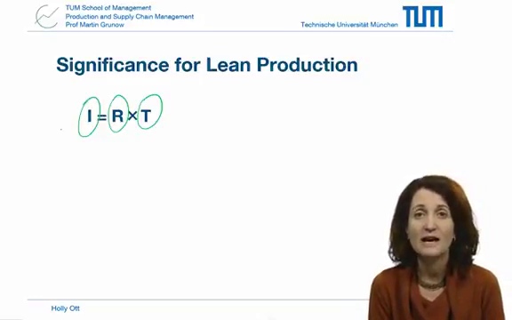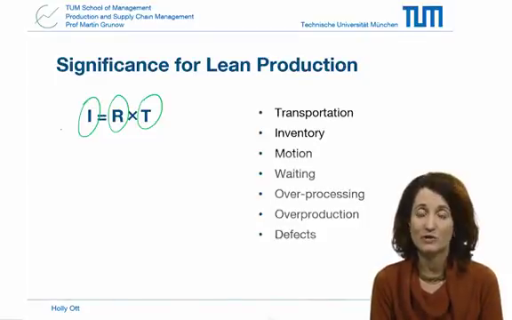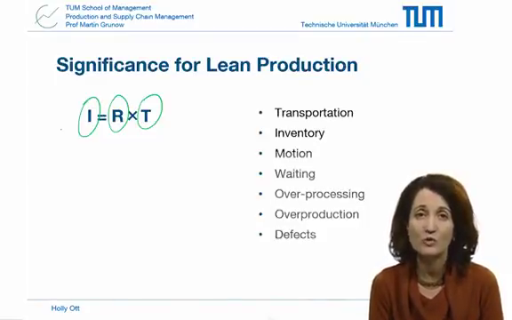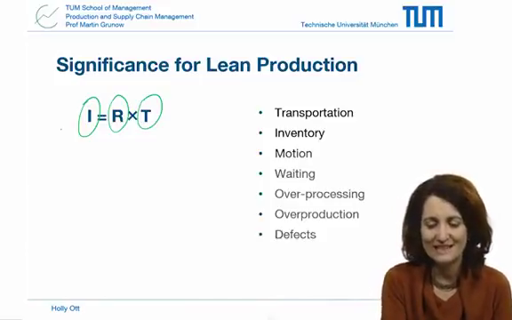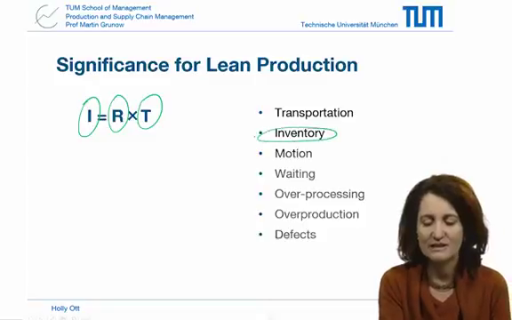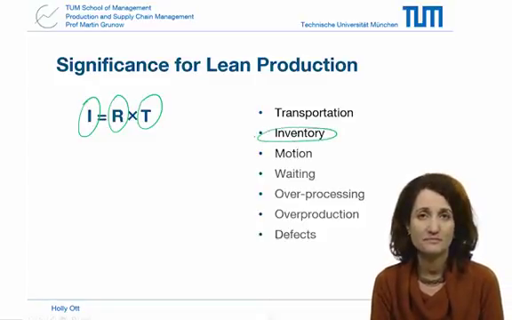Now let's look again at the 7 wastes. We have transportation, inventory, motion, waiting, overprocessing, overproduction, and defects. And already we see that inventory is clearly a problem.